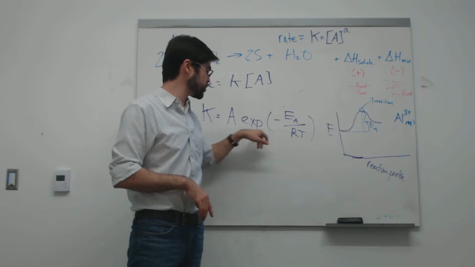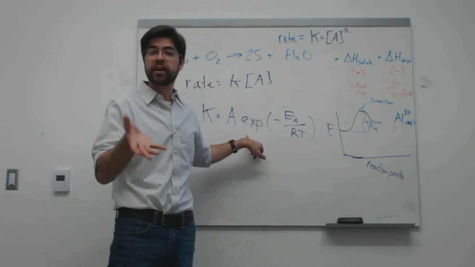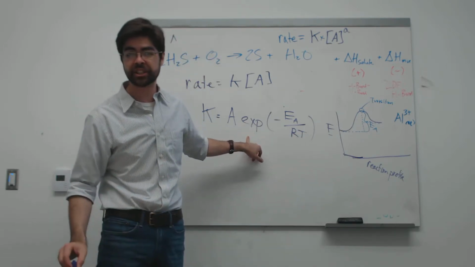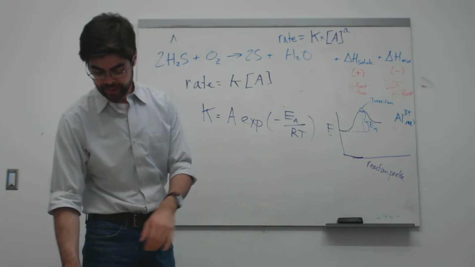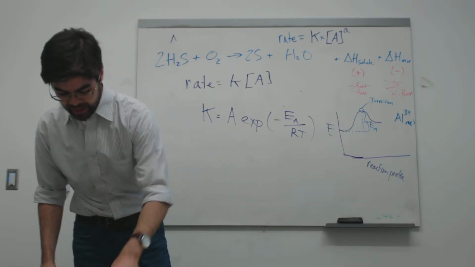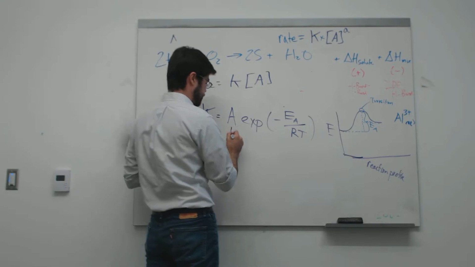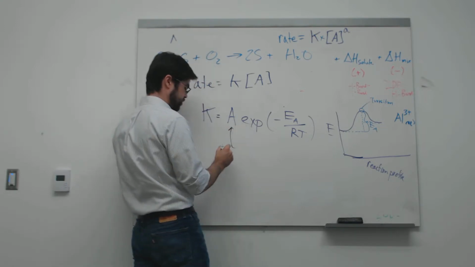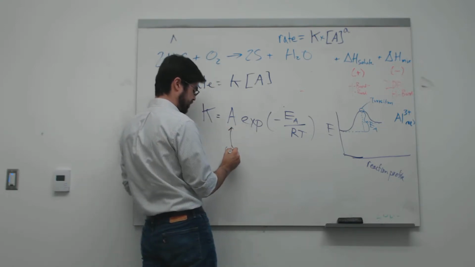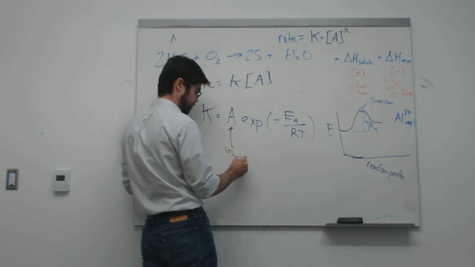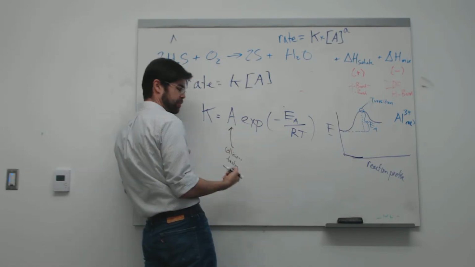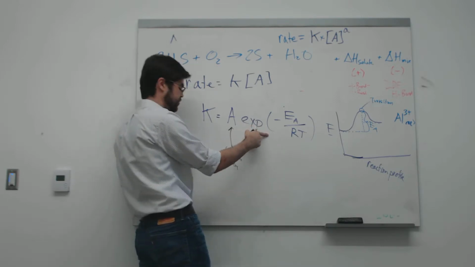So this whole term essentially represents the fraction of collisions that have the correct energy. The A term represents the total number of collisions. We call this the collision factor, also sometimes just called the pre-exponential factor because it comes before the exponential term.